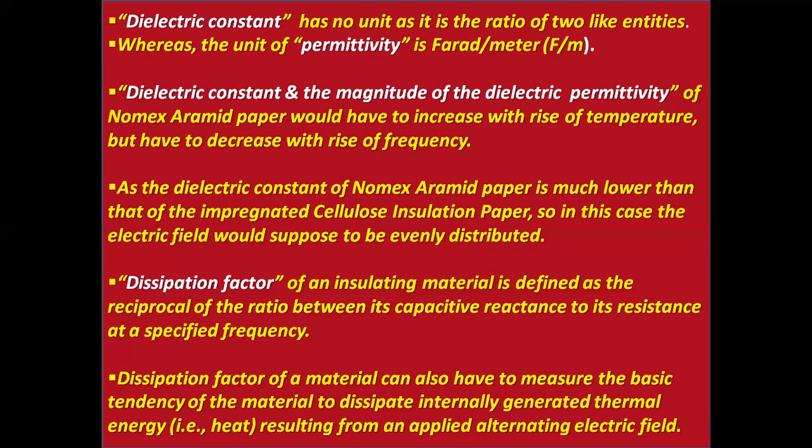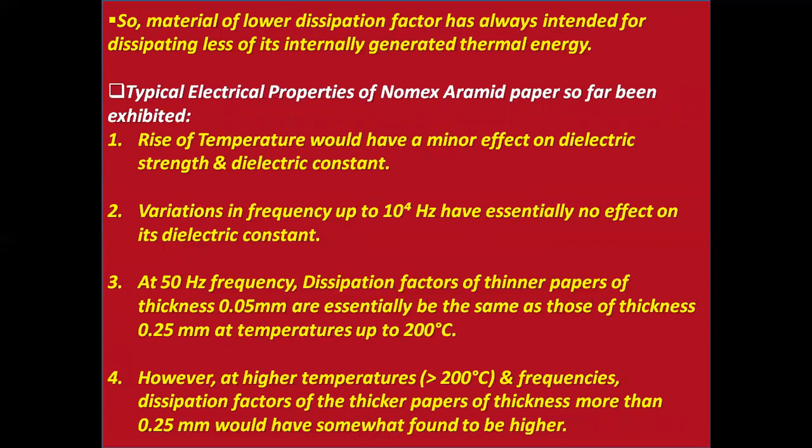Dissipation factor of a material also measures the basic tendency of the material to dissipate internally generated thermal energy, that is heat, resulting from an applied alternating electric field. So, a material of lower dissipation factor dissipates less of its internally generated thermal energy.